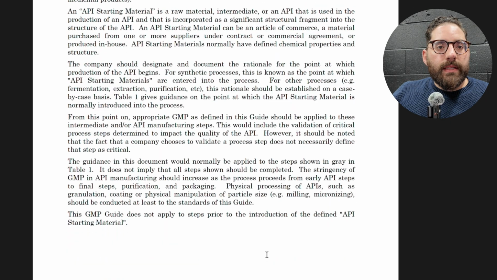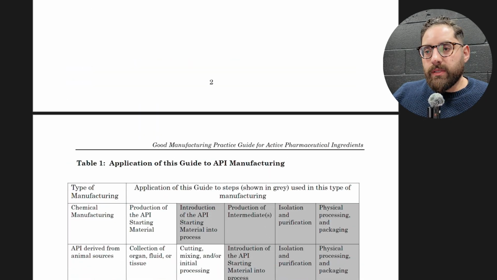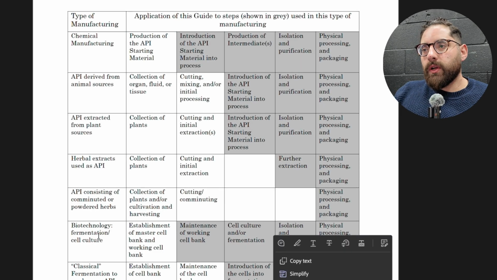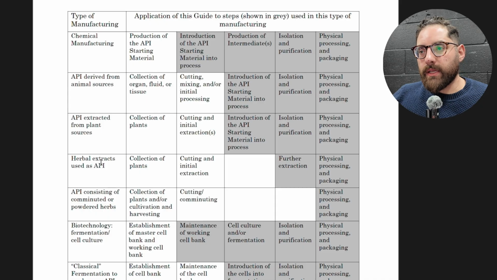Now, transitioning into this table here, table one is one of the most important visuals in ICH Q7 because it illustrates increasing GMP requirements as you move further down the manufacturing process.